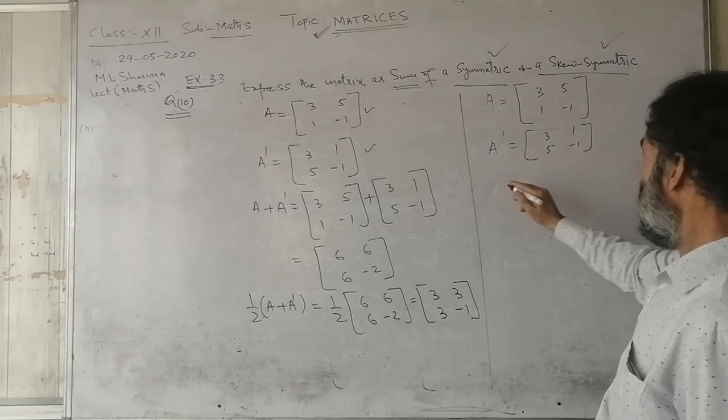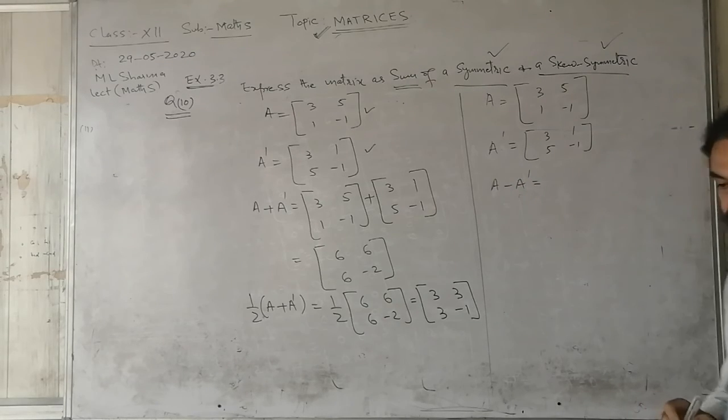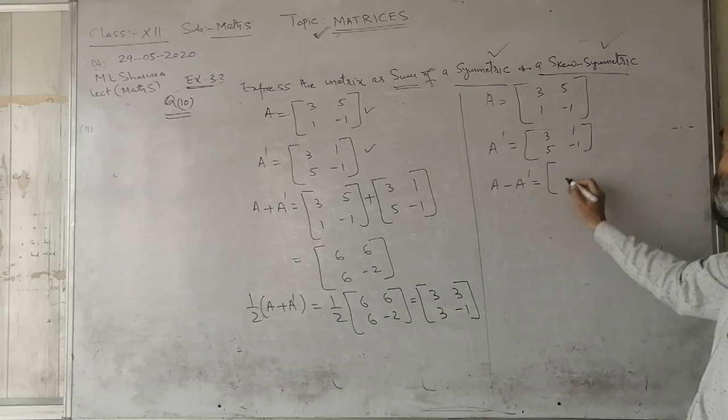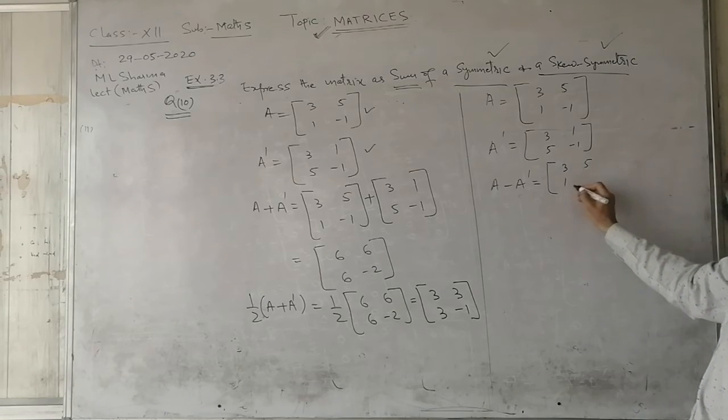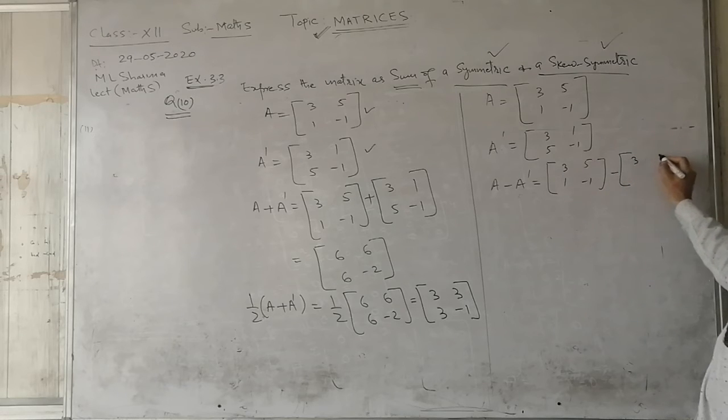To find A minus A transpose, this will equal 3, 5, 1, minus 1 minus 3, 1, 5, minus 1.